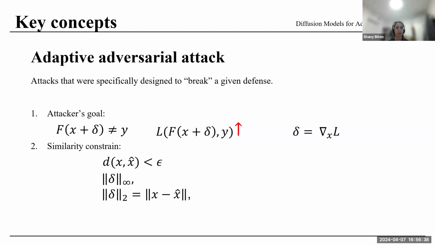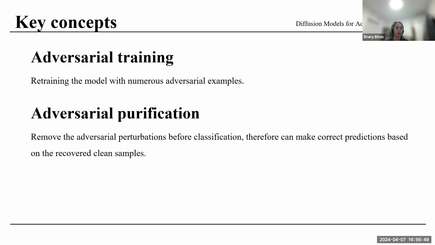Okay, so now that we know how to generate adaptive attacks, how can we defend our model against such attacks? There are two main methods in adversarial learning. The first is we can train our model with those adversarial examples. This is referred to as adversarial training, and it is a well-used method.